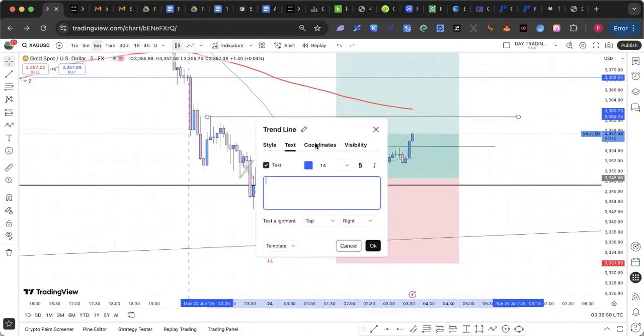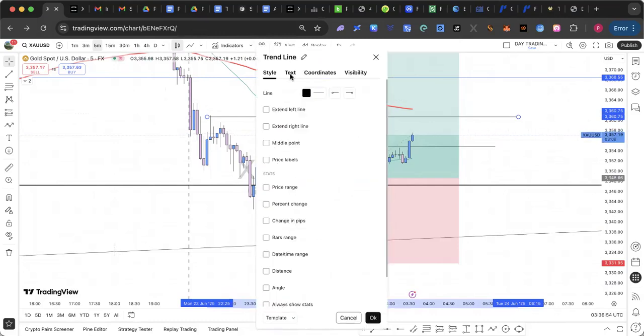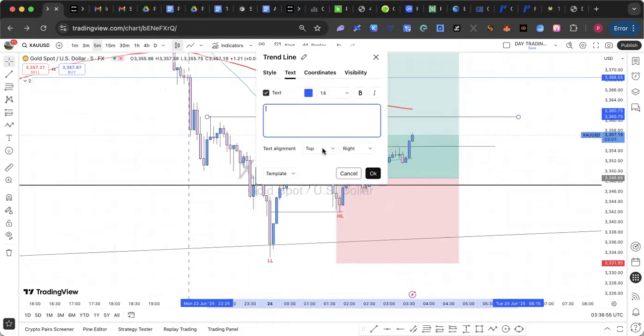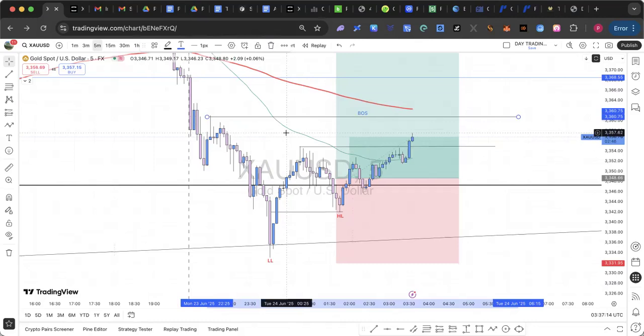Okay, you now have break of structure. BOS, break of structure. Okay, so when it gets out of this point, you now have what? Break of structure. So at that point, you are taking the market seriously.